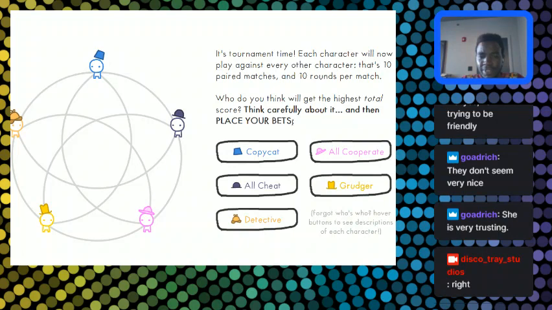Hmm, think. I mean, if the point is to get the highest score, it seems like detective or cheat might win. However, I can see the description of each of them.